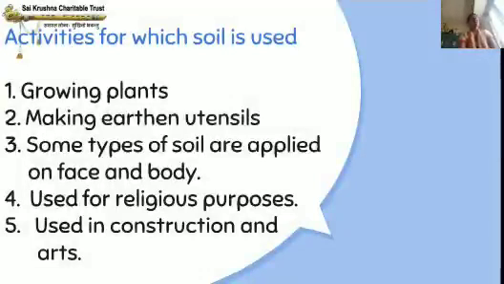Now, what are the activities for which soil is used?